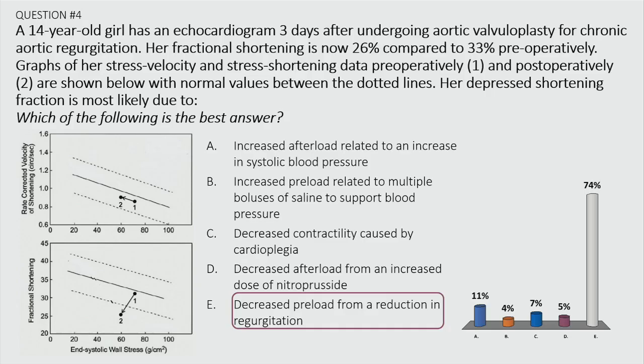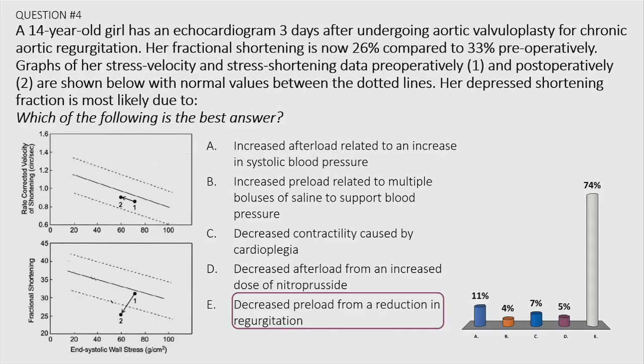That's the one where you divide by ejection time, and correct for heart rate. The key thing about that is that it's preload independent. That means that what's left is going to depend on either contractility or afterload, right? So we've got to deal with three things: contractility, preload, and afterload.